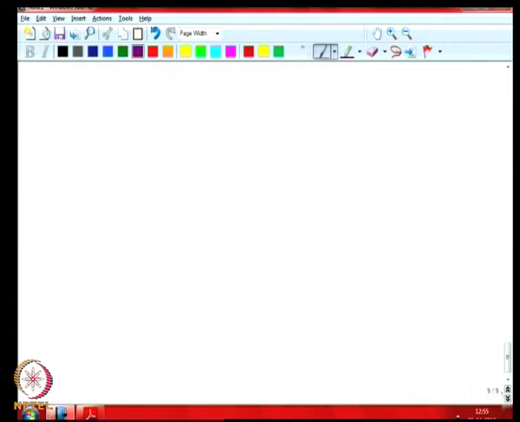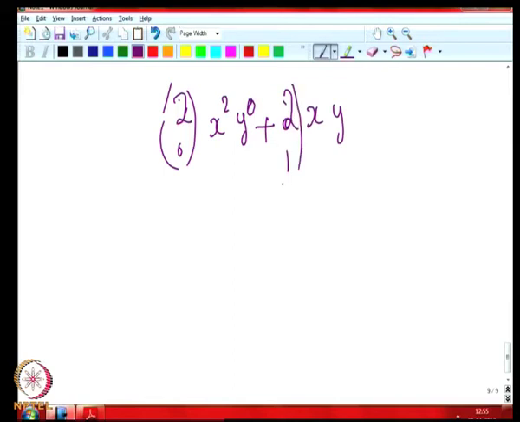So we have x squared y raised to 0, which occurs only once, that is 2 choose 0, plus x y, which occurs 2 times, that is 2 choose 1, plus then x raised to 0 y squared, that is again 2 choose 2.